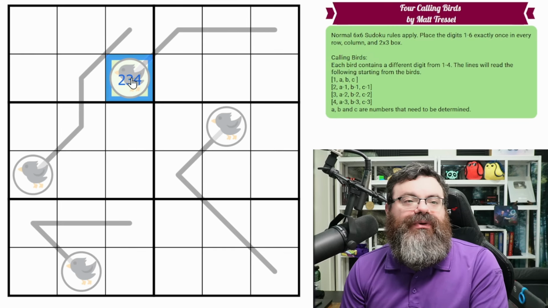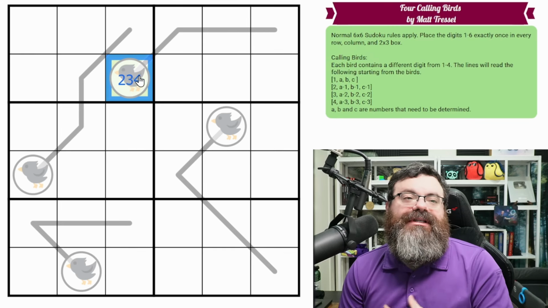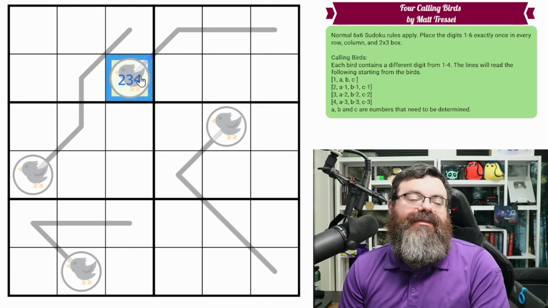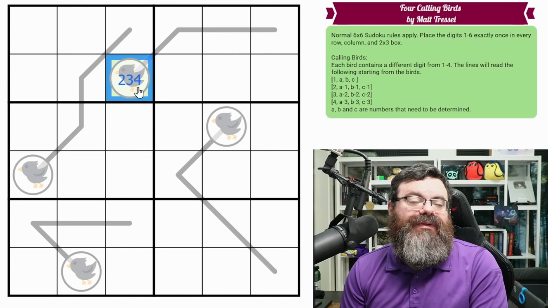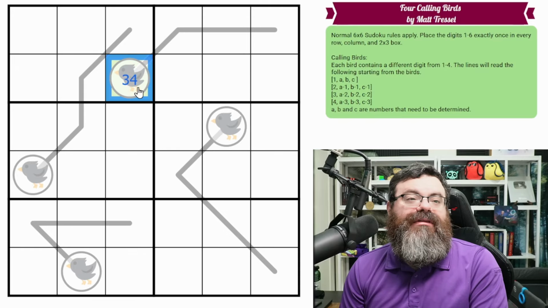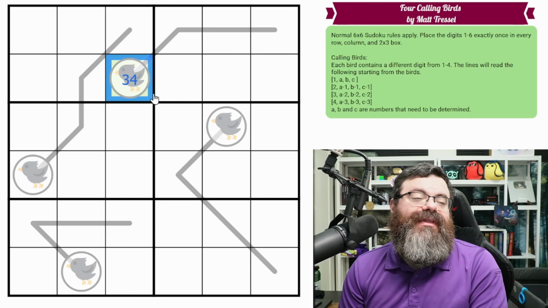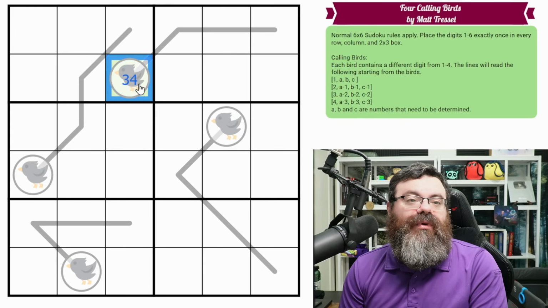If it were the 2, we're only subtracting 1 from 4, 5, 6 to get 3, 4, 5. And 3, 4, 5 doesn't work with the 2. With the 3, we'd be subtracting 2 from 4, 5, 6, getting 2, 3, 4. So that could easily be on its own. And then the 4 is with 1, 2, 3, and so it can't be on its own. So the only digit that can be on its own line is the 3. So this is our 3.